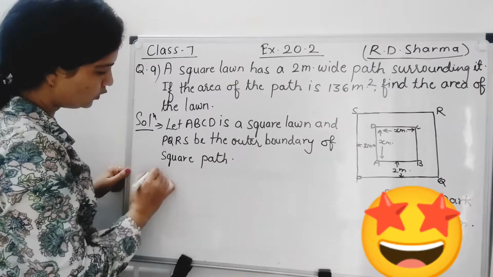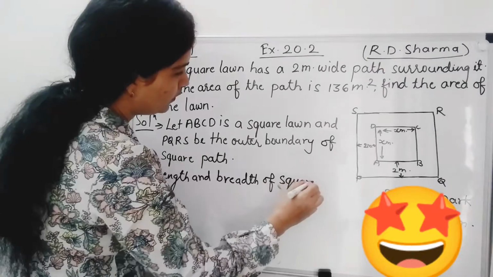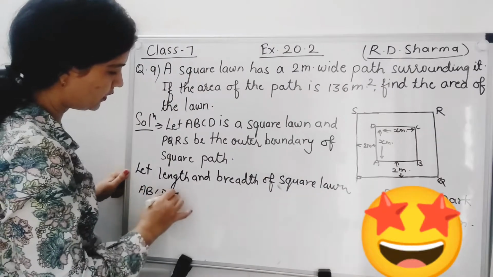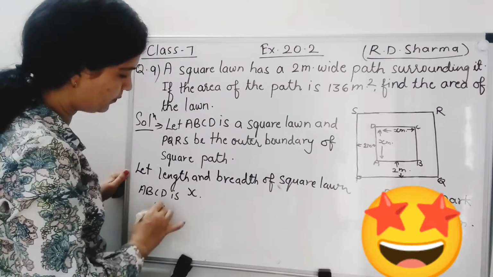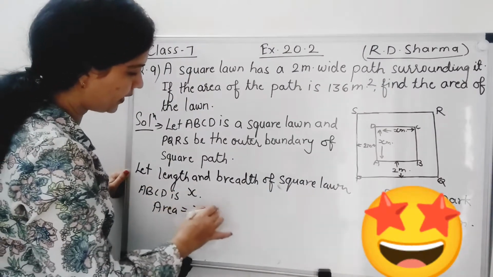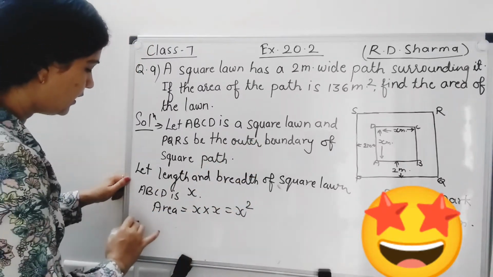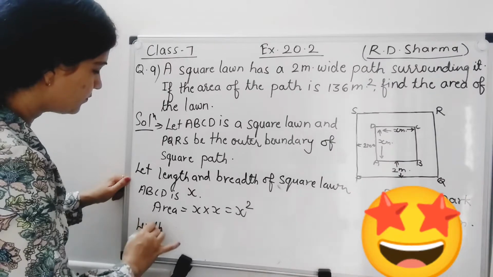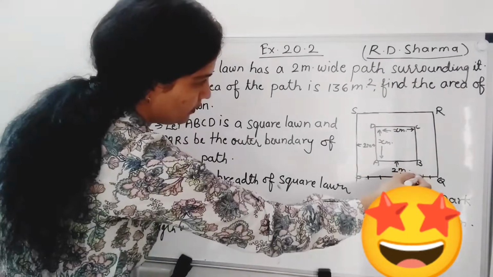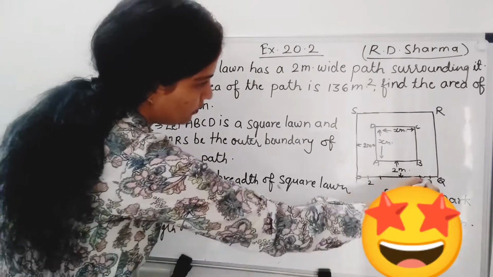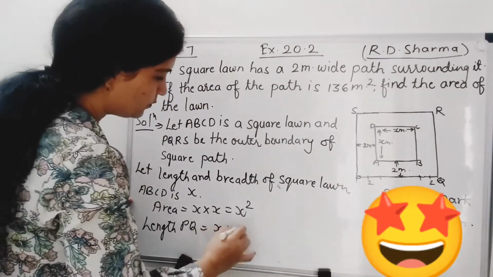So the lawn ABCD side is x, so area will be x multiplied by x, means x square. Now we'll see the length of PQRS. Because the path has been made all around, it will be 2, 2, so 2 plus 2.